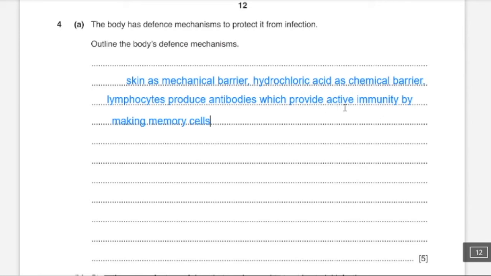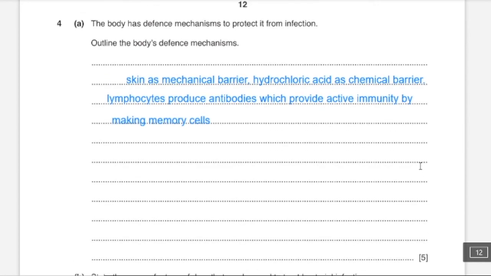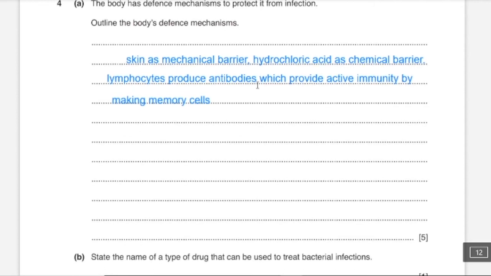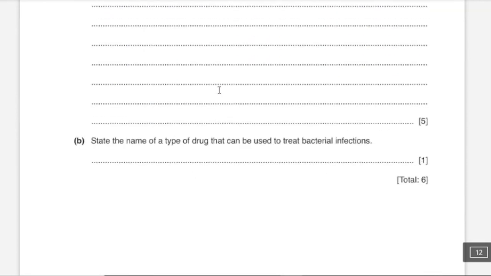If the infected person gets those pathogens inside his body for the second time, he will be ready to defend his body against that particular pathogen since these memory cells would be ready to end it. B. State the name of a type of drug that can be used to treat bacterial infections.